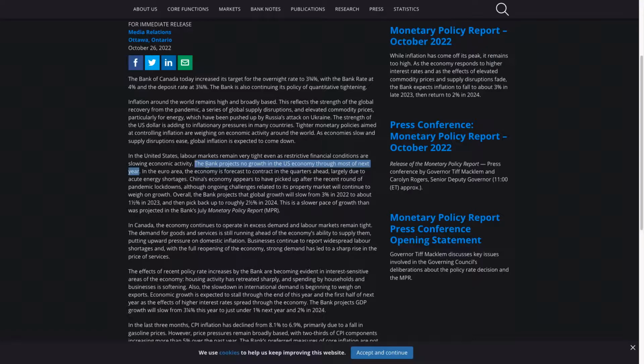So with the US struggling, and China's economy had been struggling with those ongoing challenges, basically its property market and COVID, the pandemic lockdowns. Remember, at the time that Canada did this, October 26th, China went a little bit more restrictive. Between China and the US, that's nearly 50% of the world's GDP.